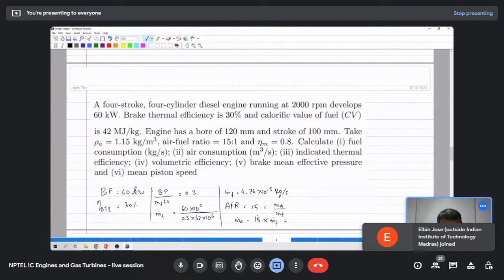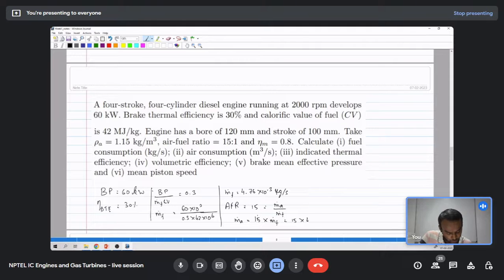So that is 15 into 4.76 into 10 power minus 3. So this is 0.0714 kilogram per second.